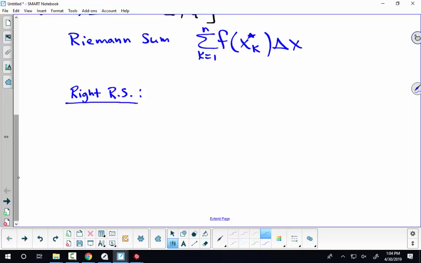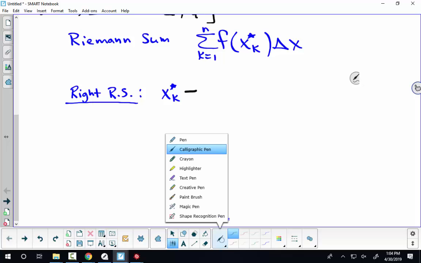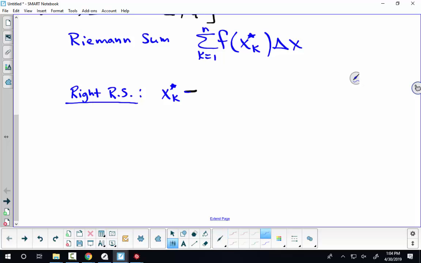The last 2 examples from 5.2 were like that. If we're using right Riemann sums, x star sub k is a plus k times delta x.